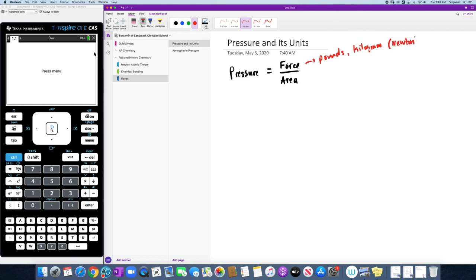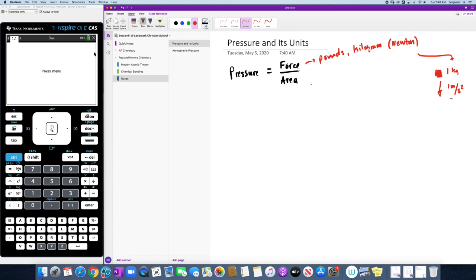And a Newton is how quickly a kilogram of weight is being accelerated. So if something weighs 1 kilogram, and it's being accelerated at 1 meter per second squared, that is a Newton. Okay, so that's what a Newton is. But practically speaking, it's kind of similar to weight.